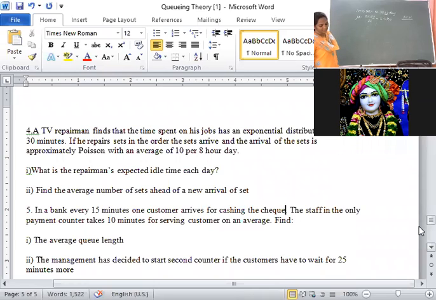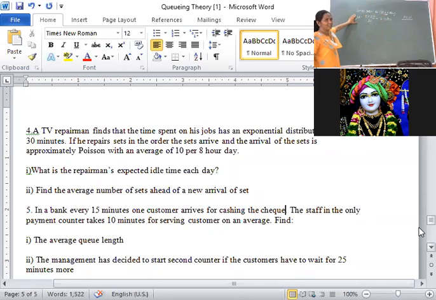First bit is, what is the repairman's expected idle time each day? Understood, students? Arrival rate is given as 10 sets, but the consideration is 8 hours in a day. That's why you have to write in the final examination 10 sets per 8-hour day.